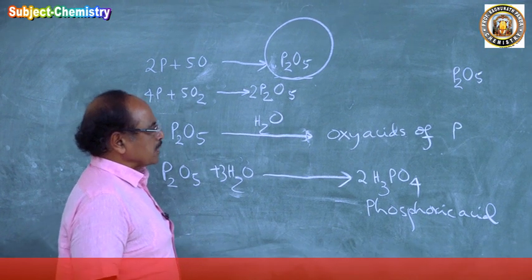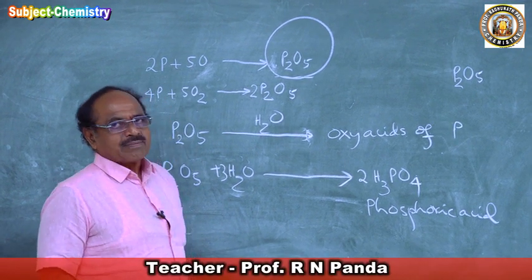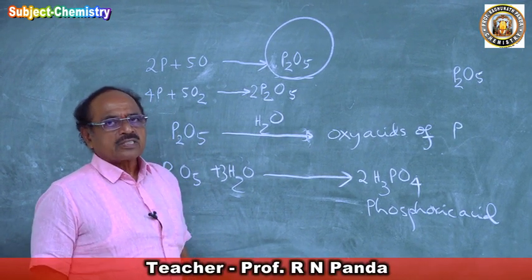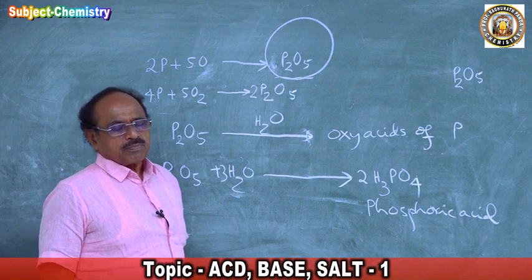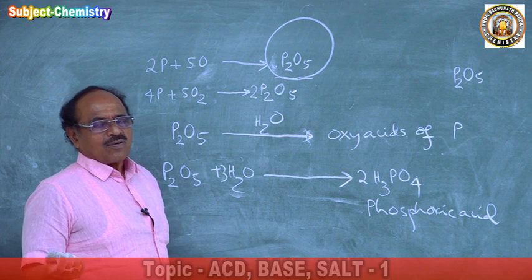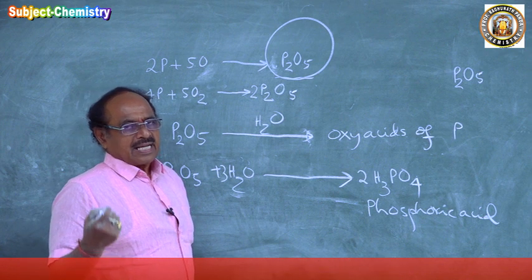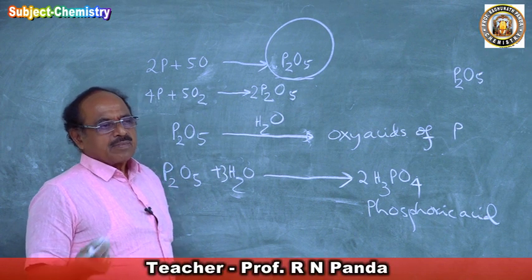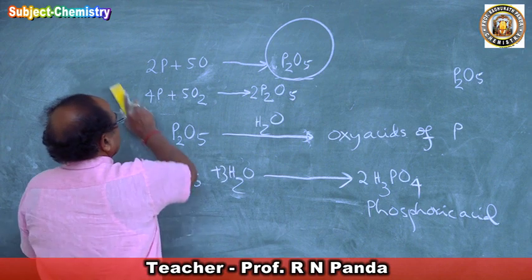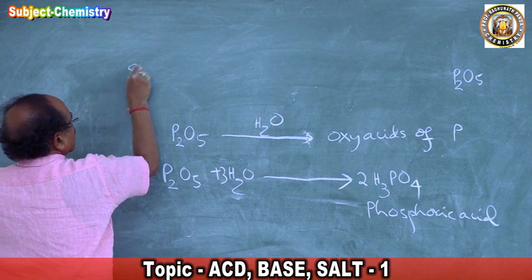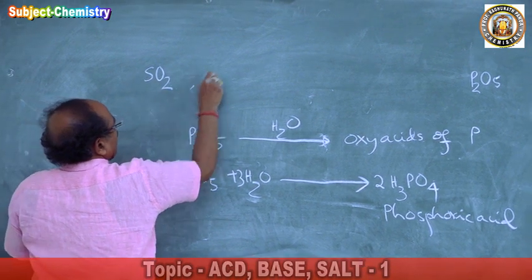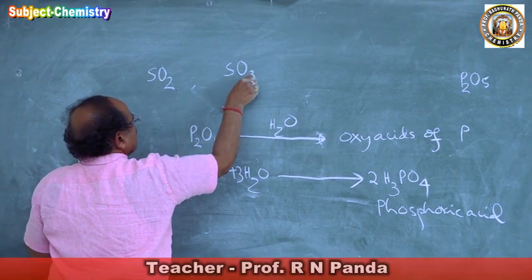Similarly, you have the oxides of nitrogen, N2O5, nitrogen pentoxide, soluble in water. They form nitric acid. Similarly, when you come to sulfur, sulfur combines with oxygen to form sulfur dioxide and sulfur trioxide.